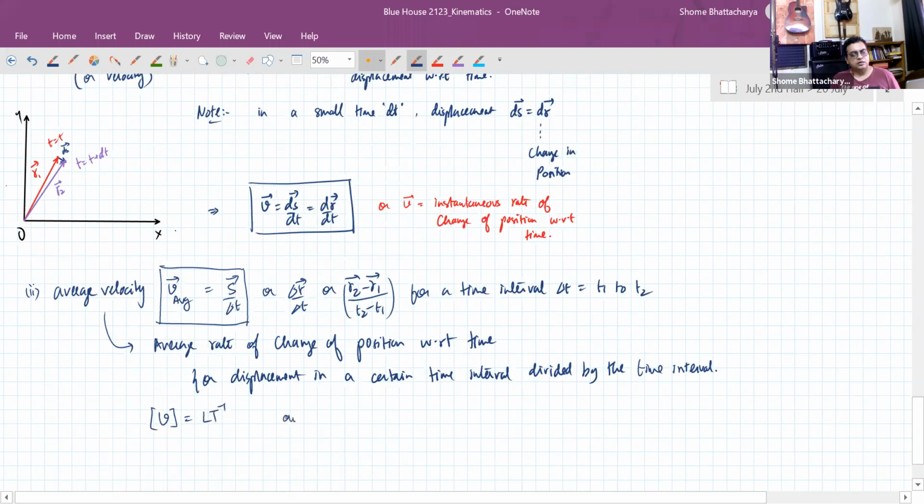And the SI unit is meters per second. The CGS unit is centimeters per second.